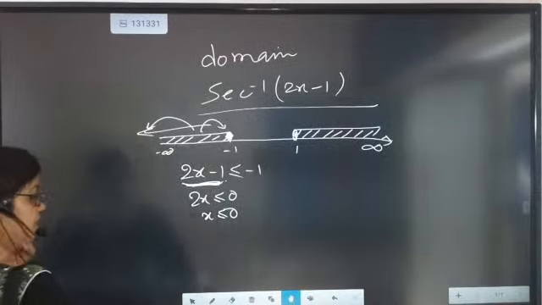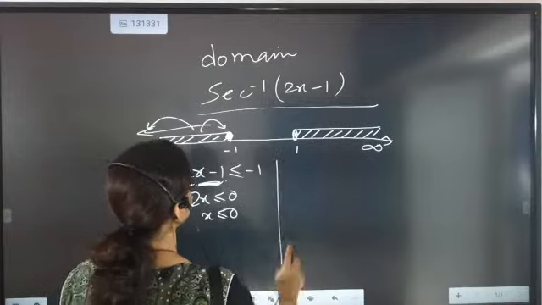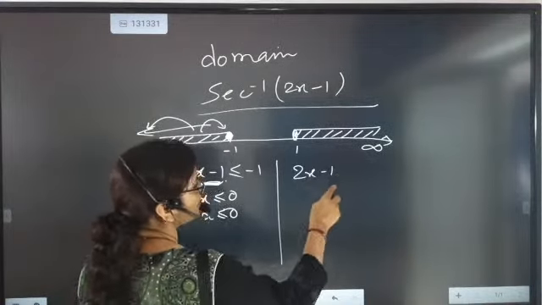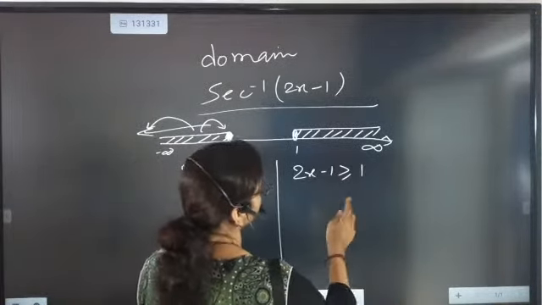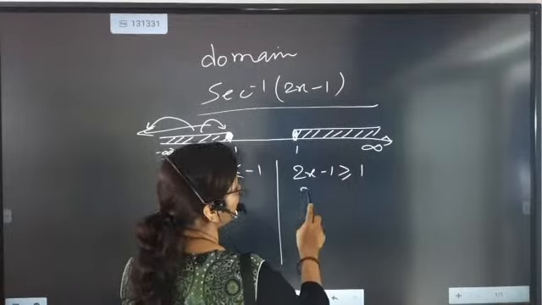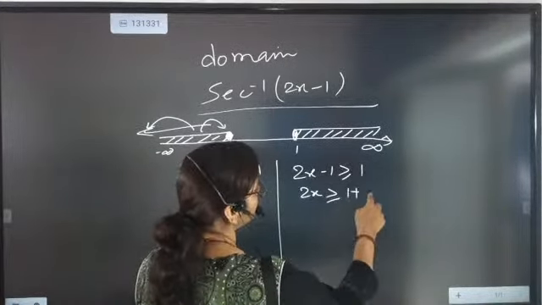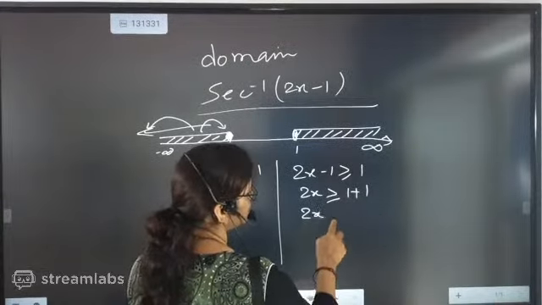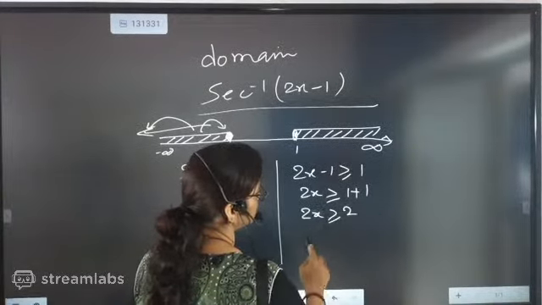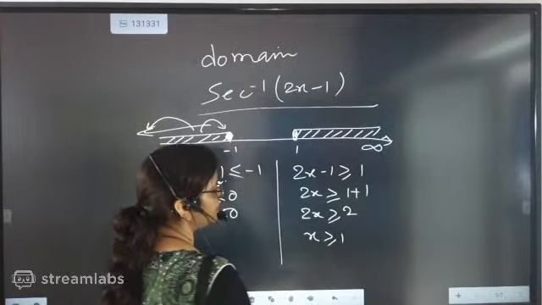Next part, 2x minus 1 greater than 1. If we add 1, it becomes 2x greater than 2, so x should be greater than 1.